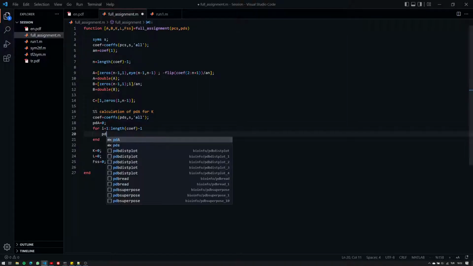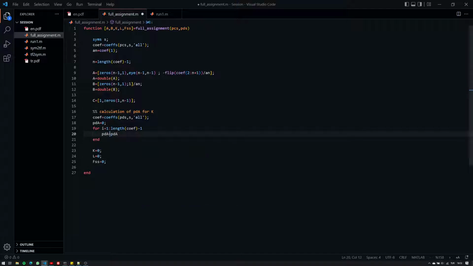So we should increase PDA. PDA equals PDA plus. Now this is a bit tricky, but we need to look for the ith coefficient here. And since we will start from the left, it will be the highest order term.